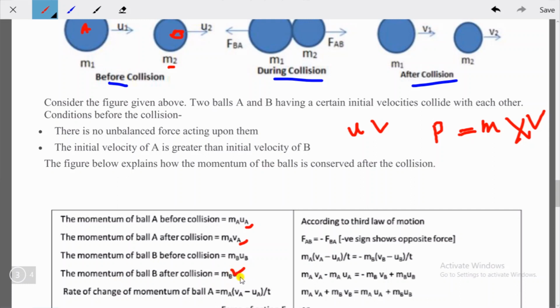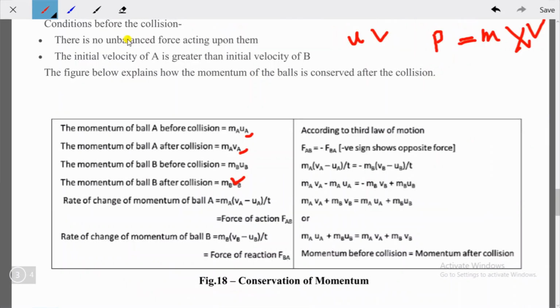Now we'll be talking about only ball A. We need to find the rate of change of momentum of ball A. How do we find it? We find the difference between the momentum before the collision and after the collision, and divide it by t, because rate of change is divided by t.